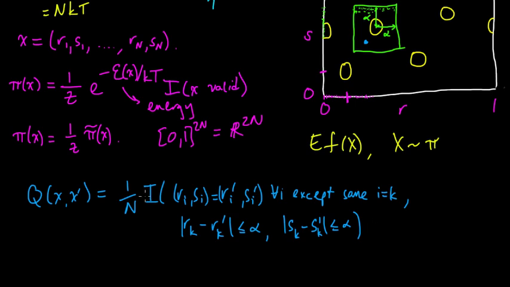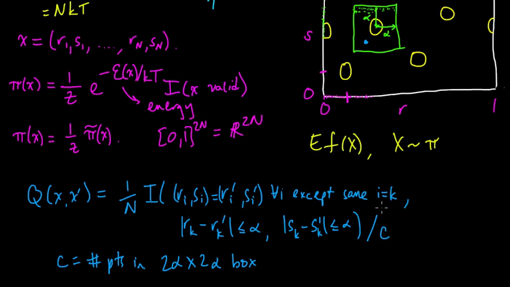And then we have some constant. We have to divide this by C, and C here is the number of points in this alpha by alpha box, or actually, I guess, 2 alpha by 2 alpha box. This is the number of points according to the discretization that we chose.